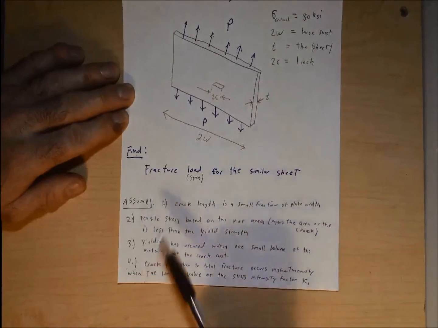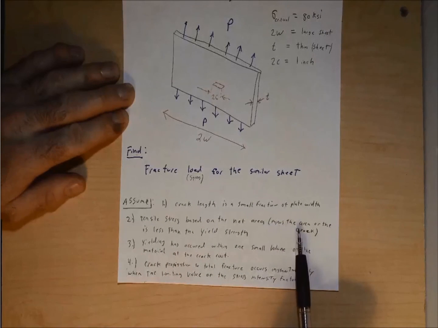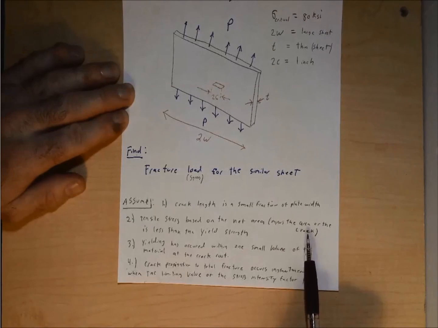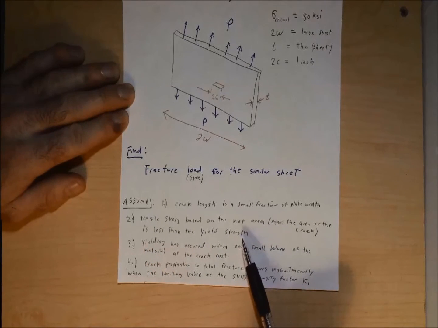Next assumption, tensile stress based on the net area, so minus the area of the actual crack. So we'll see this in some of the equations in later problems as well. And this is going to be less than the yield strength. So with this assumption, this is something that we're going to want to double check at the end of these problems.